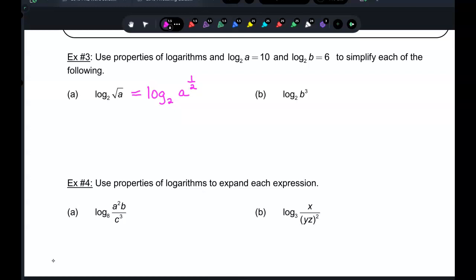Now, what can we do to this? We can multiply that to the front. So I'm going to have 1/2 log base 2 of a. In the directions, we were given log base 2 of a is equal to 10. So I can substitute that in. I'm going to have 1/2 times 10. So we get 5.